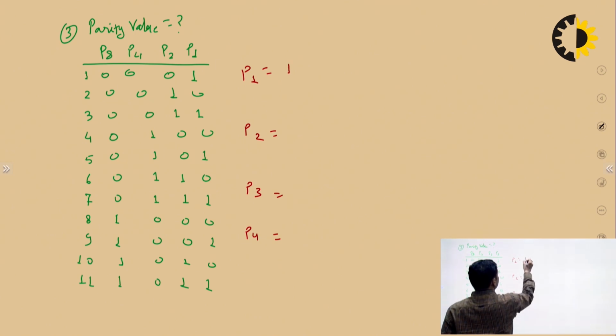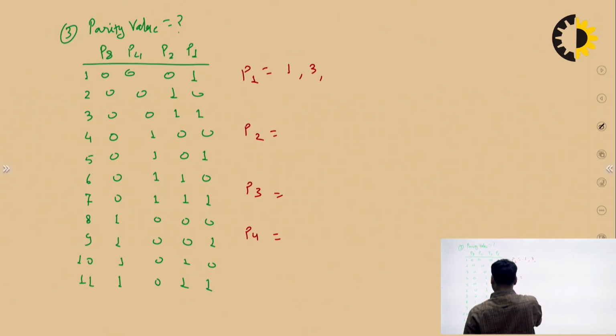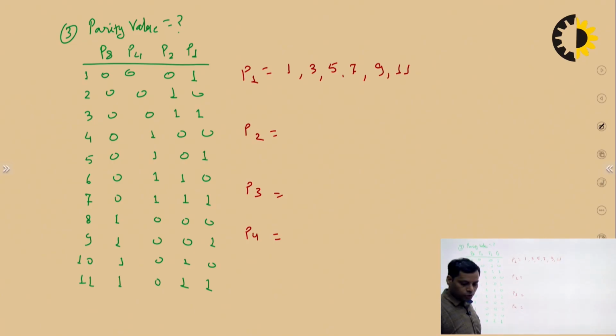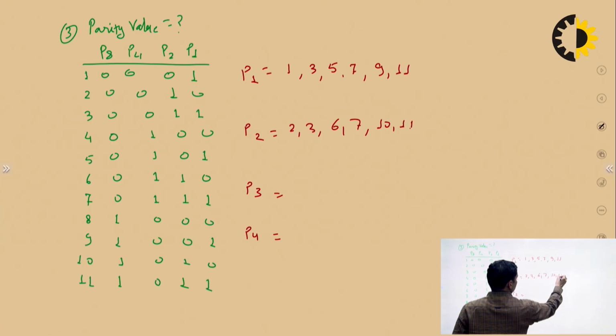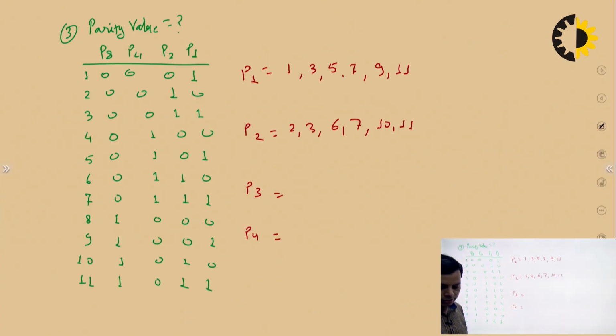In case of P1, that is at 1, 3, 5, 7, 9 and 11. That we have noted here. Now for P2, the second position, third position, 6, 7, 10, 11. We have written it here.